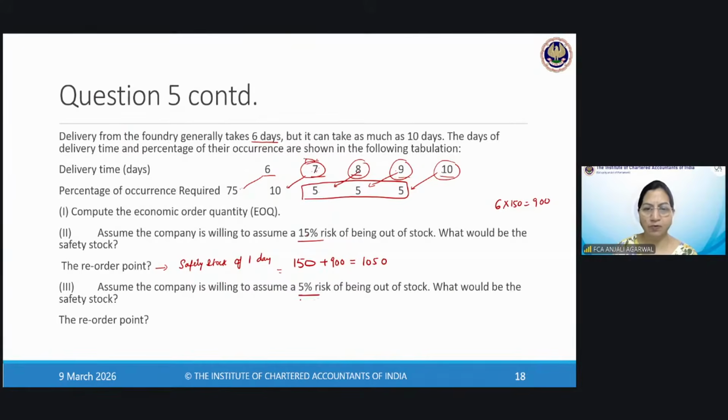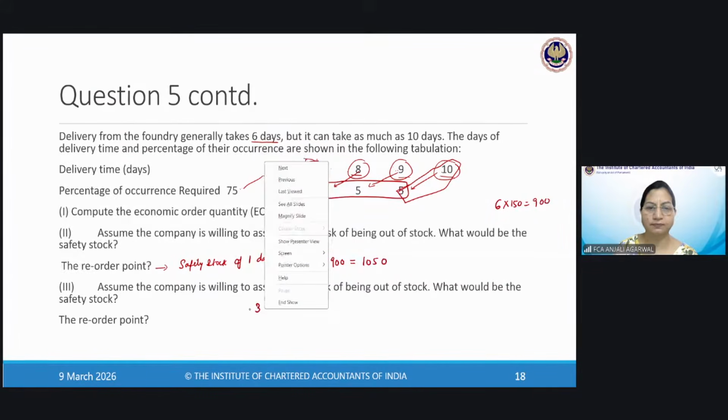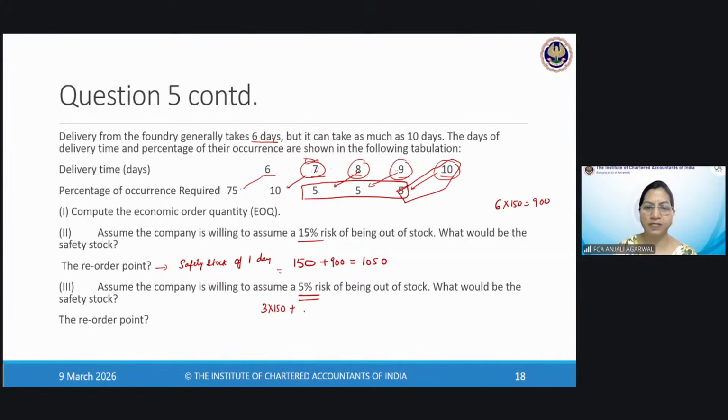If you are willing to take only 5% risk, so this is the scenario you don't want to cater to. That means you will keep 3 days stock as safety stock. So 3 into 150 is the safety stock plus average consumption into average time.